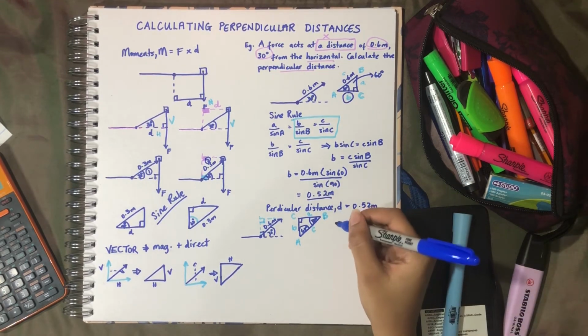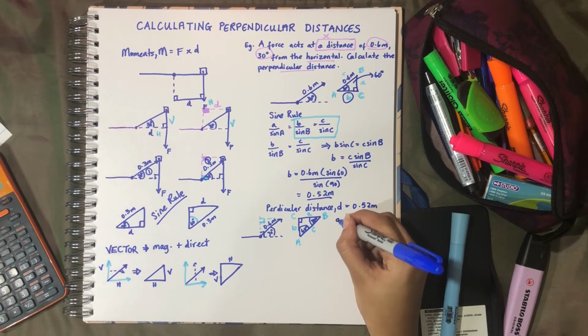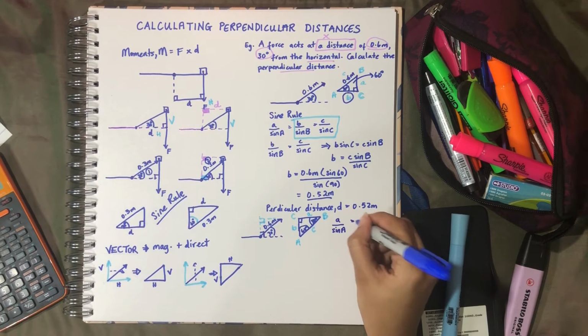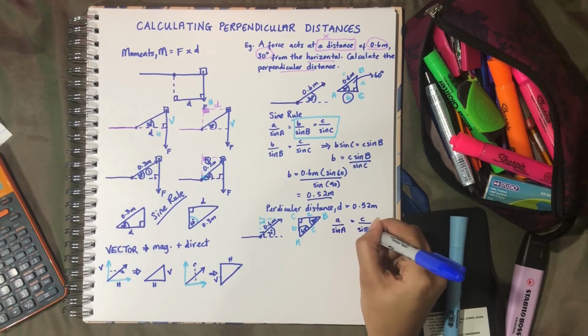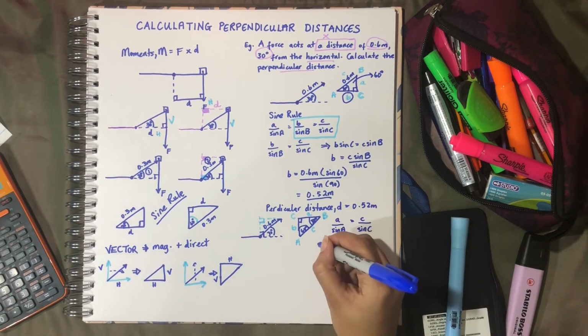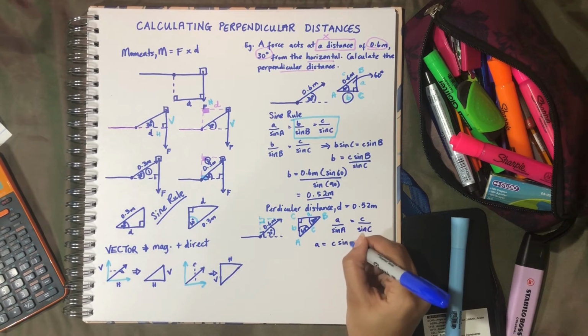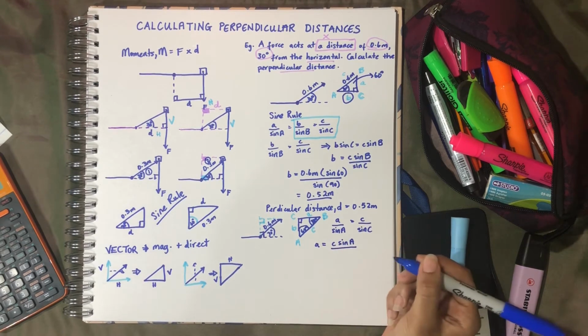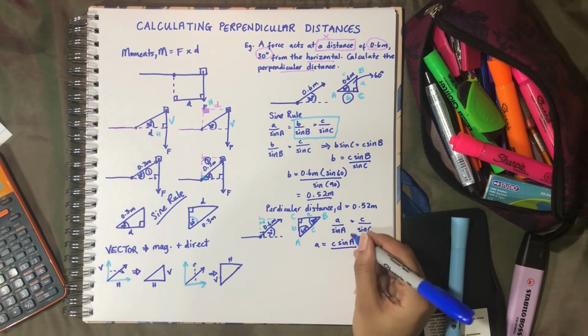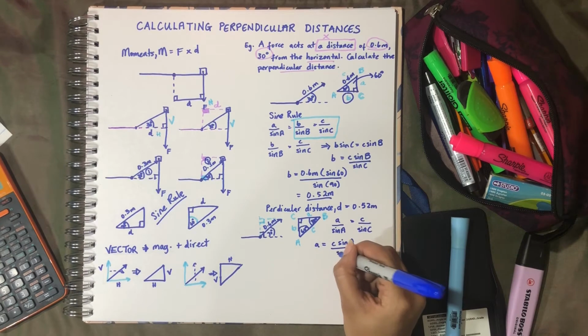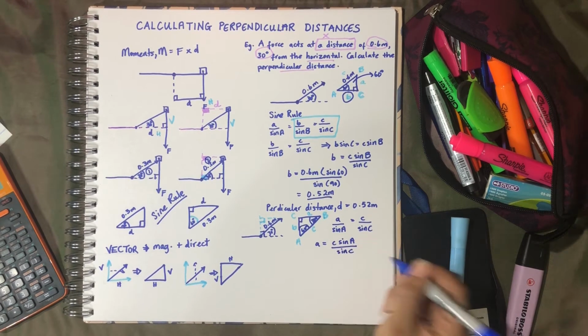So we'll use a over sine A is equal to c over sine C. If we transpose, a would be equal to c sine A over sine C.